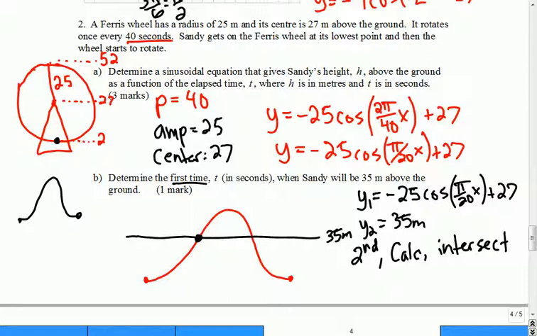So now the marker knows that I didn't just look at my neighbor's paper, that there was some strategy involved in calculating that answer, and I used the calculator, and here's how I did it. So if I put those values in and calculate the intersection, it looks like I get about 12.0 seconds.